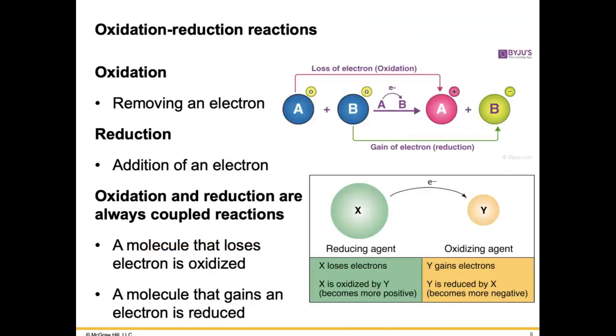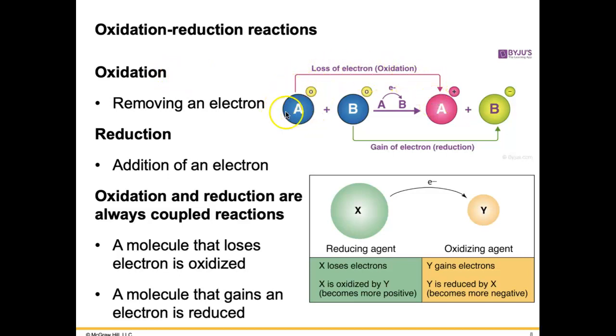Now, continuing our chat on coupled reactions, oxidation reduction reactions are one of the more important types of coupled reactions. Some molecules can act as both reducing and oxidizing agents, but when we want to separate these out, we can look at one as being oxidation. So this is going to be our molecule that is having an electron removed.